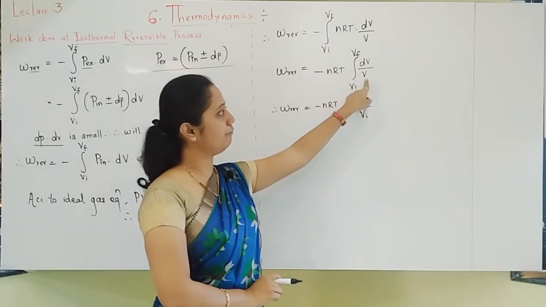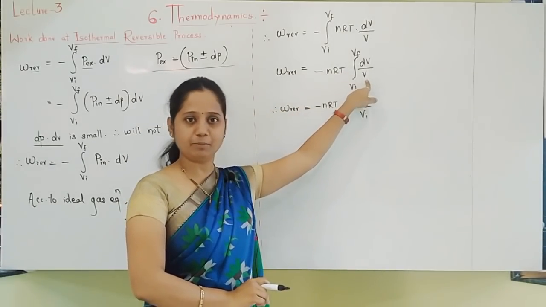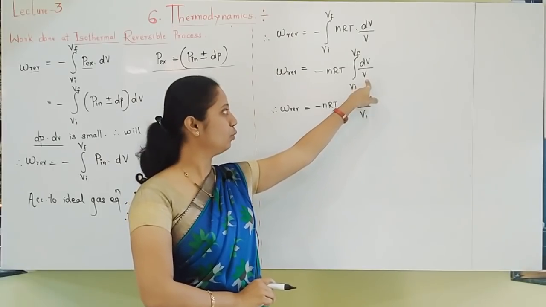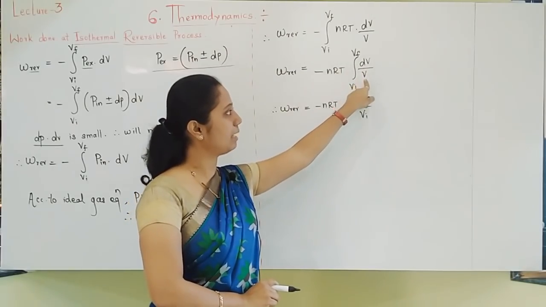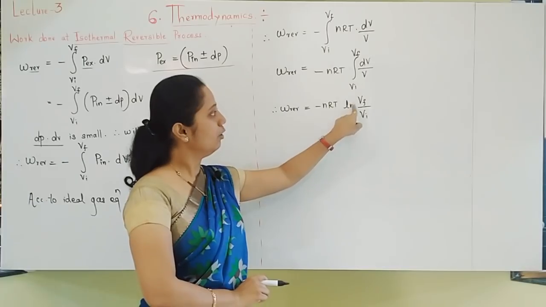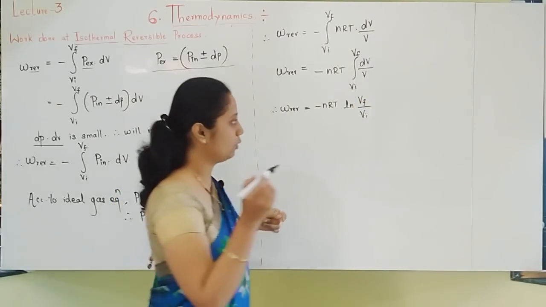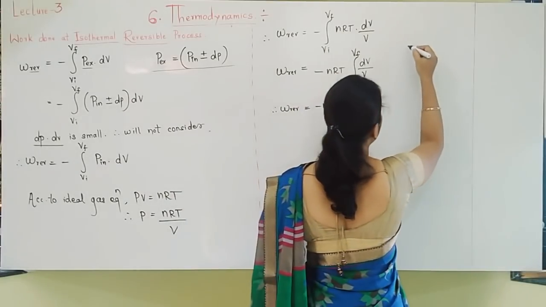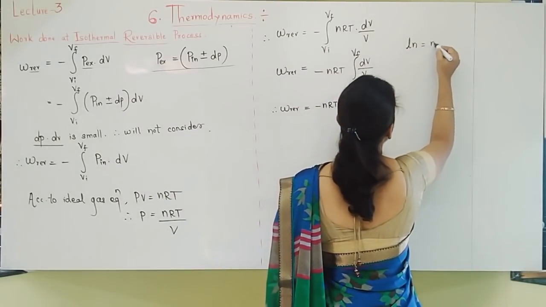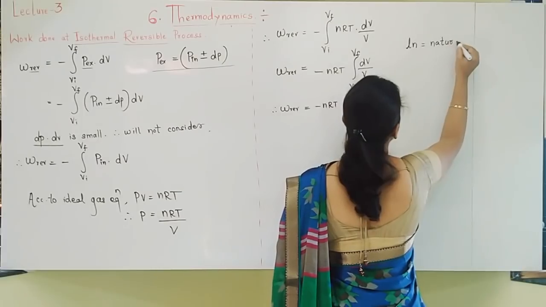Whenever the integration lesson is taught to you, you will understand this. The rule tells that the integration of dV by V comes to ln Vf by Vi. What is ln, student? There are two types of logarithms. ln means natural logarithm.